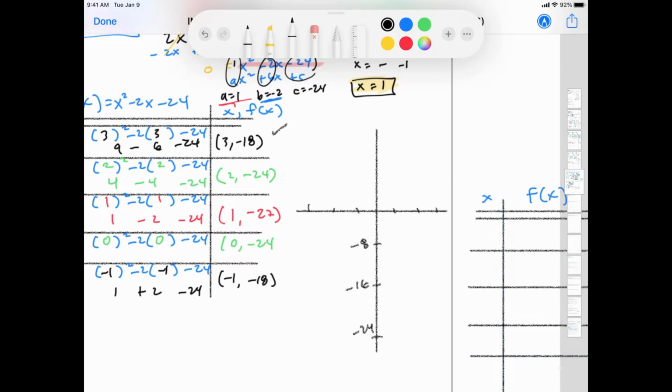So write 3 down, negative 18. 2, write 2, negative 24. Write 1 down, 27. And if you could just match them up, 0, negative 24. And 1 down, negative 18. So just match up with the black one. Okay, so here's my graph.